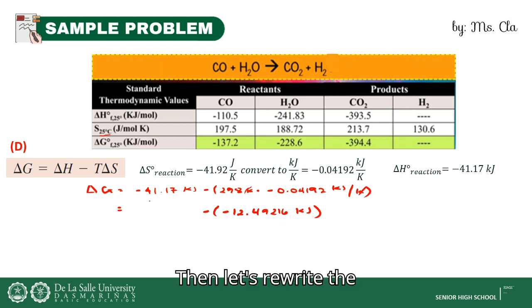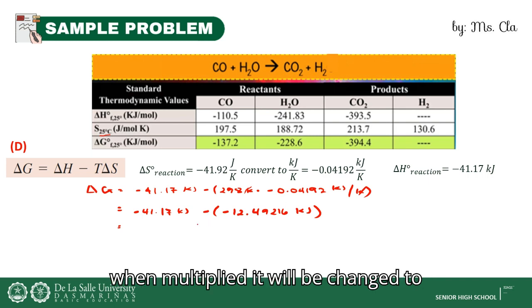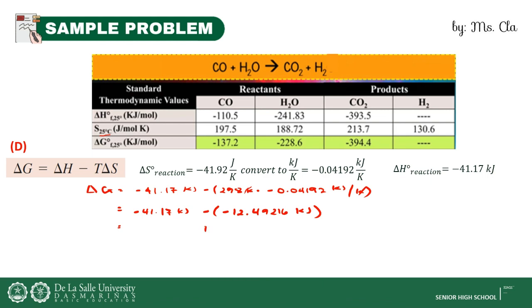And then let's rewrite the enthalpy, which is negative 41.17 kilojoule. Remember, if we have both negative signs, when multiplied, it will be changed to a positive sign. Plus 12.49216 kilojoule, and we have negative 41.17 kilojoule.